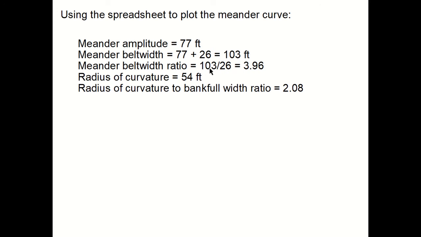That comes out to be 103 divided by 26, which is 3.96. If I then do the same thing for the radius of curvature, radius of curvature is 54 feet, and the radius of curvature to bankfull width ratio comes out to be 2.08.